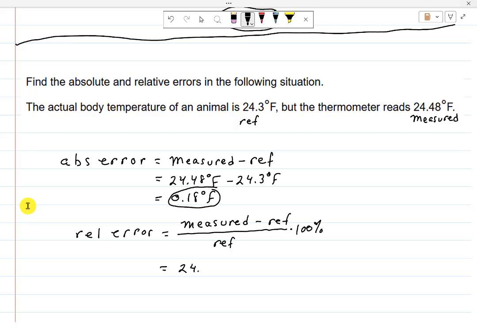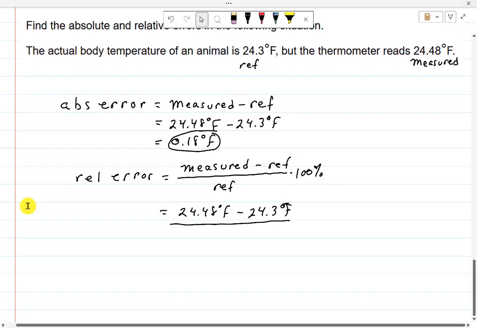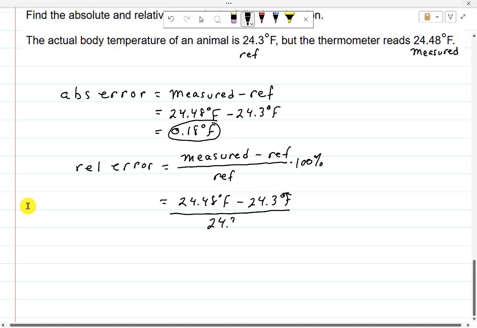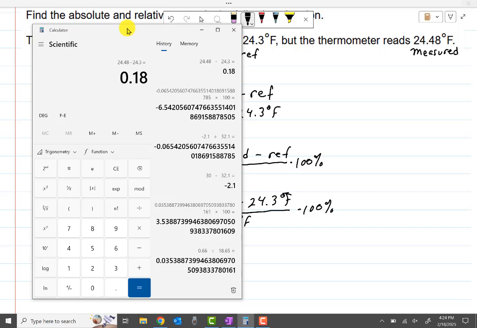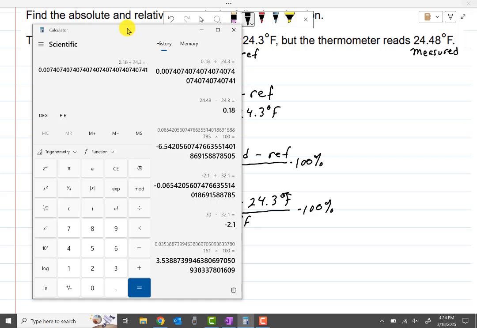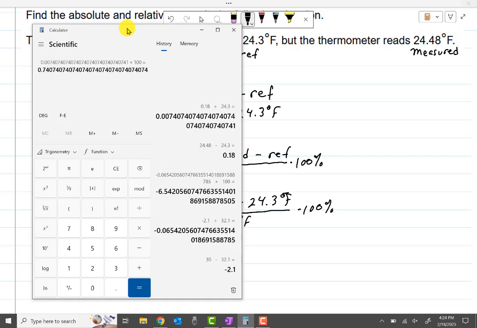So I'll get my 24.48 degrees Fahrenheit minus 24.3 degrees Fahrenheit, divide by 24.3 degrees Fahrenheit, and then multiply by 100%. 24.48 minus 24.3, enter. Divide by 24.3, enter. And then multiply by 100. Enter. So mine is 0.74%.